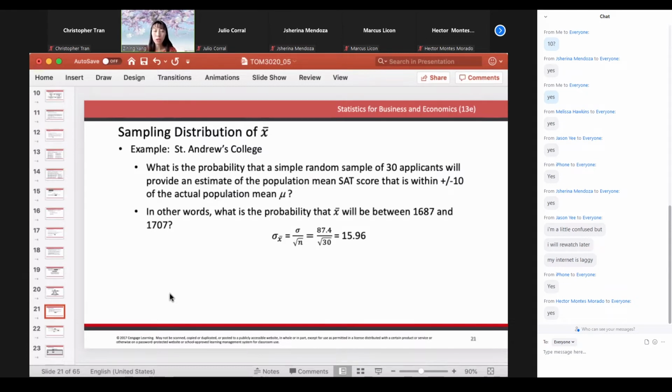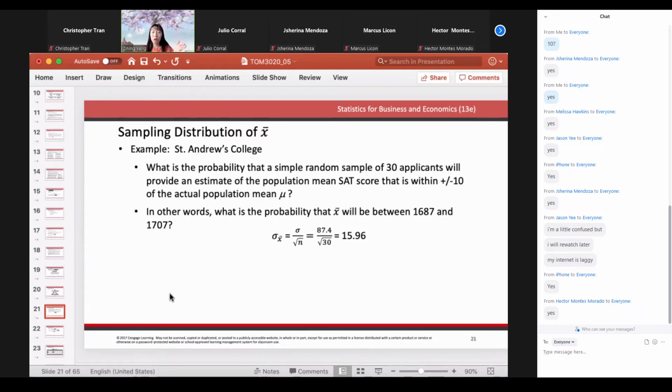In other words, we know what the actual population mean is, and we want our sample to be close enough to the population. So we defined this close enough to be plus or minus 10 points. This will always be given. We will tell you how good is good enough.